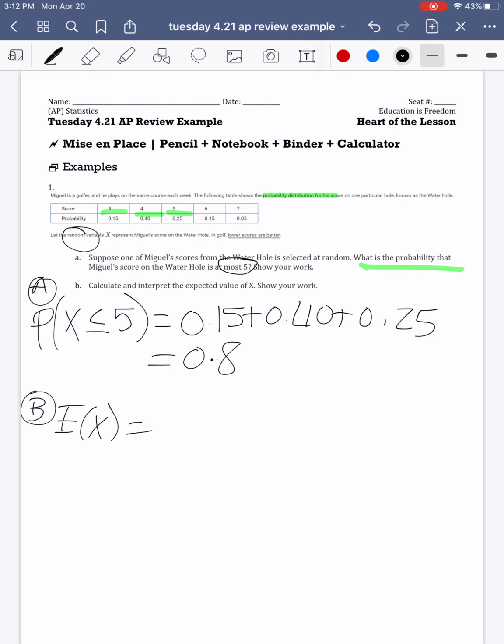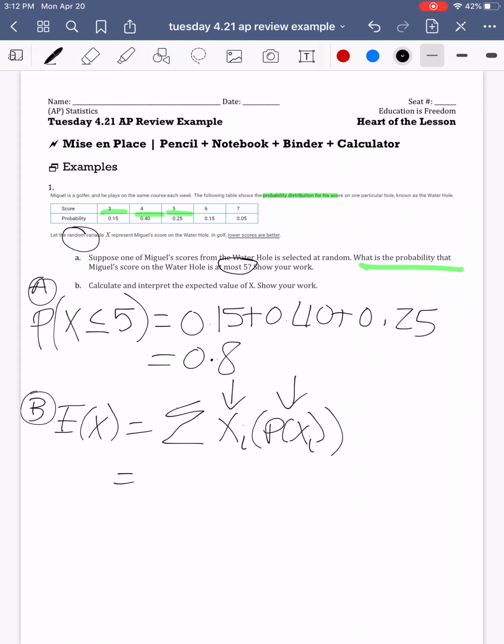So here we would take each x value. From our formula on our reference sheet, it's the sum of xi times p of xi. So basically what that means is we take the x value and then we multiply it by the corresponding probability, and we keep adding until we've exhausted every value in the table.